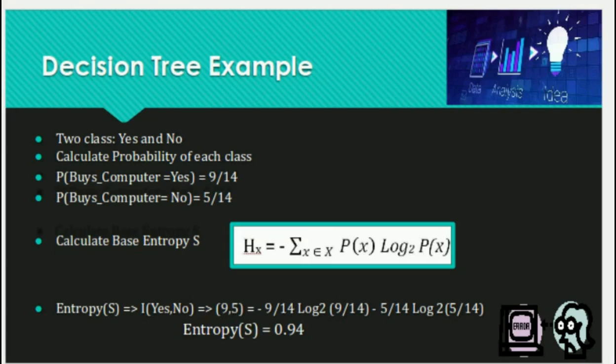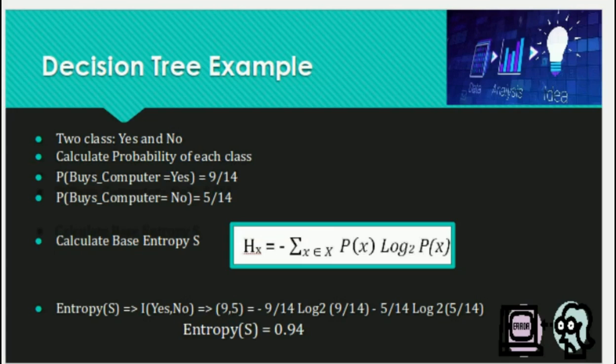We already saw that the entropy H(X) will be 0 when the probability of x is 0 or 1, whereas it will be maximum when all the class labels have the same probability.